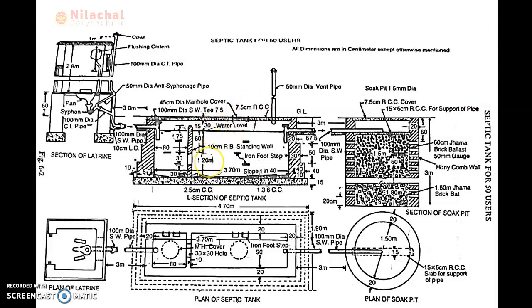So 30 plus 120 centimeter equals 150 centimeter, or 1.50.